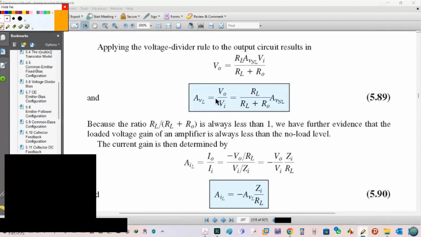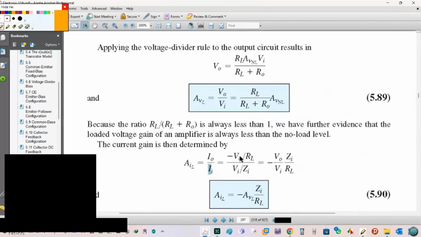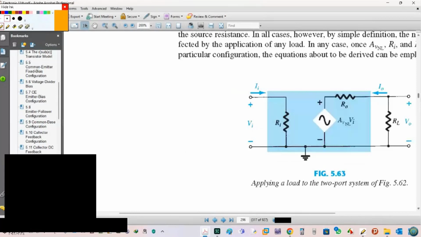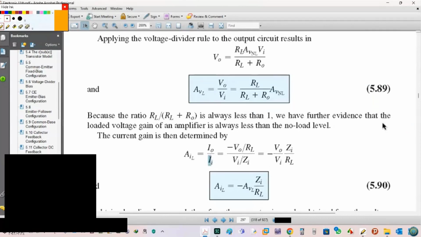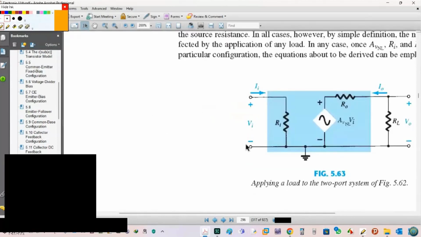Now I want to calculate AIL. It is IO over II. From this one, IO is minus VO over RL, and II is VI over ZI. Why is it minus? Because it's opposite. See the direction, I told you.